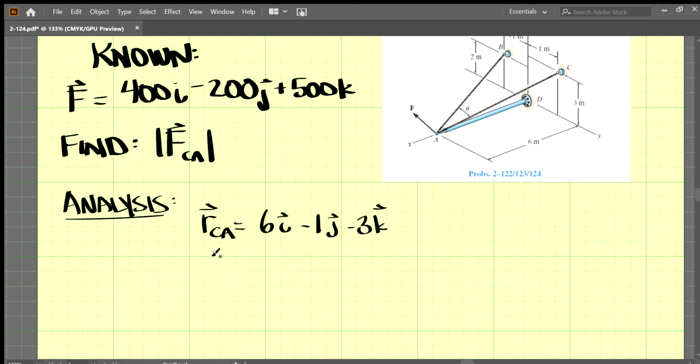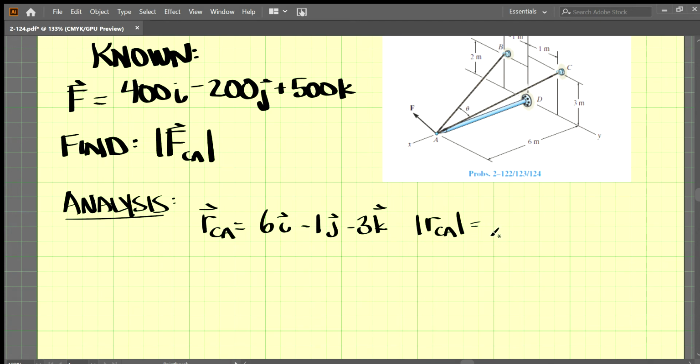All right. To be able to tell the direction of this vector, we also need its magnitude. To find the total length of the cable, or the magnitude of the position vector RCA, we take the sum of the squares of these components and take the square root.